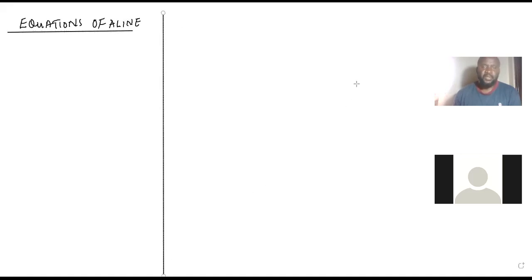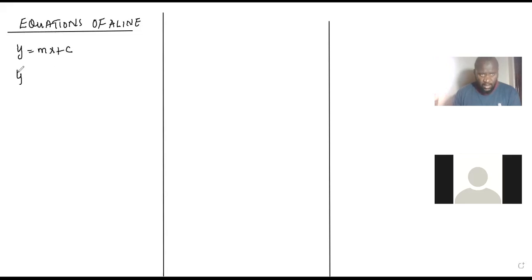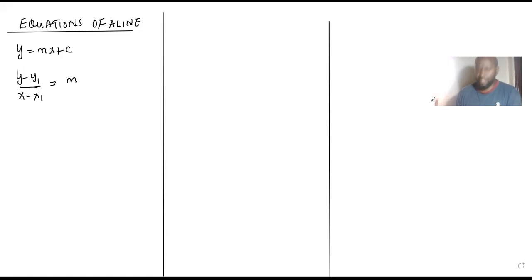One of the techniques we saw was using the equation of a line, which is y is equal to mx plus c. The other one was using (y minus y1) over (x minus x1), a known point, is equal to the gradient m of the line. Now it is from here that we can go ahead and identify other items.